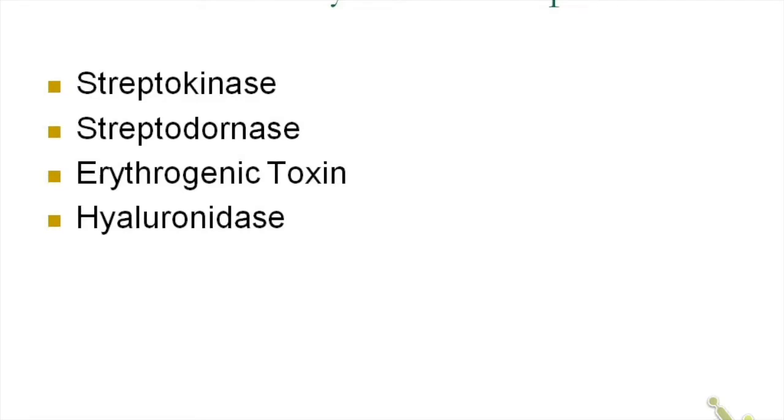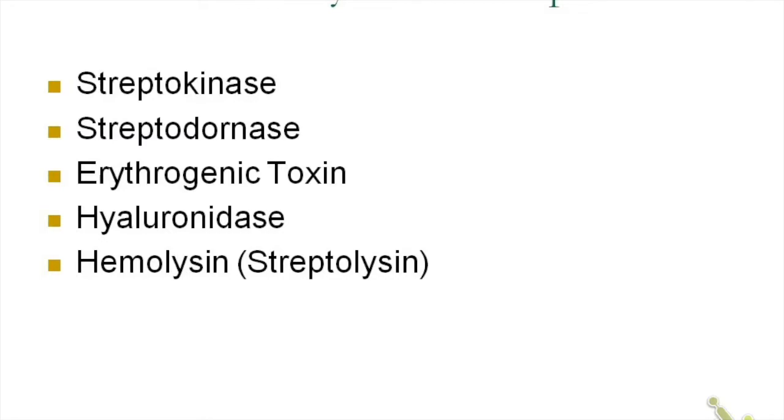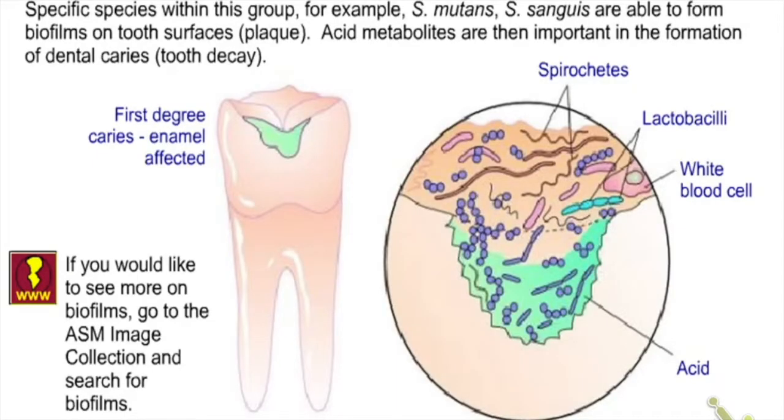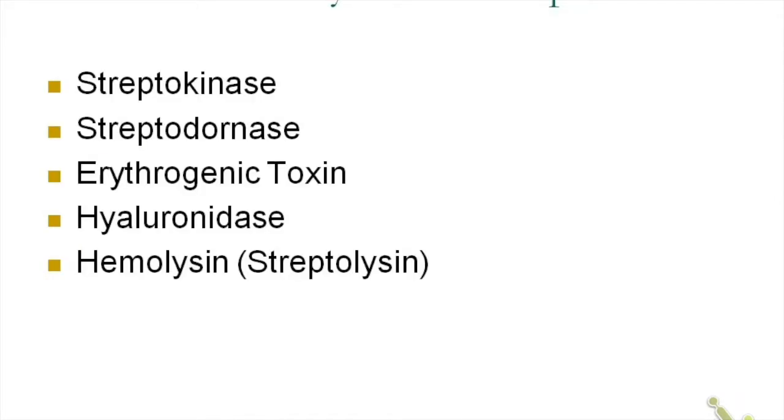Hyaluronidase, I think I did mention this a while ago, is a spreading factor that could destroy hyaluronic acid in the connective tissue. Hemolysin could lyse RBC, but if it's from Streptococcus, we specifically call it streptolysin.